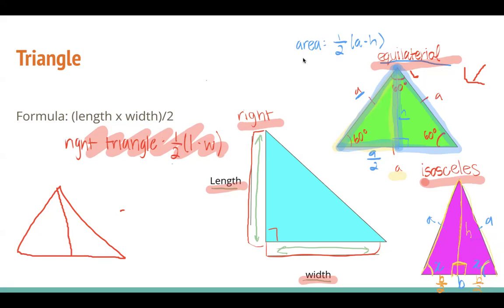Because this side is b over 2, the base of the triangle divided by 2, and this is a, you can solve for h. So the area of an isosceles triangle is also 1/2 base times height.